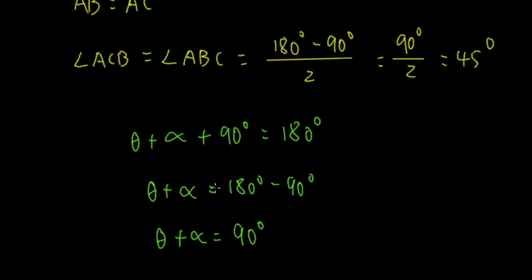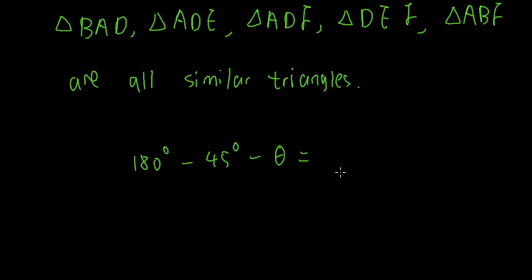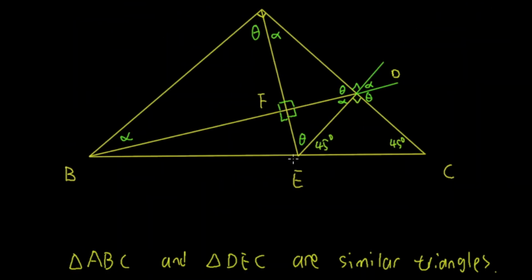So this will give me something like alpha plus 45 degrees, because this is not minus 90 degrees, it's minus 45 degrees. Then this angle here is alpha plus 45 degrees.